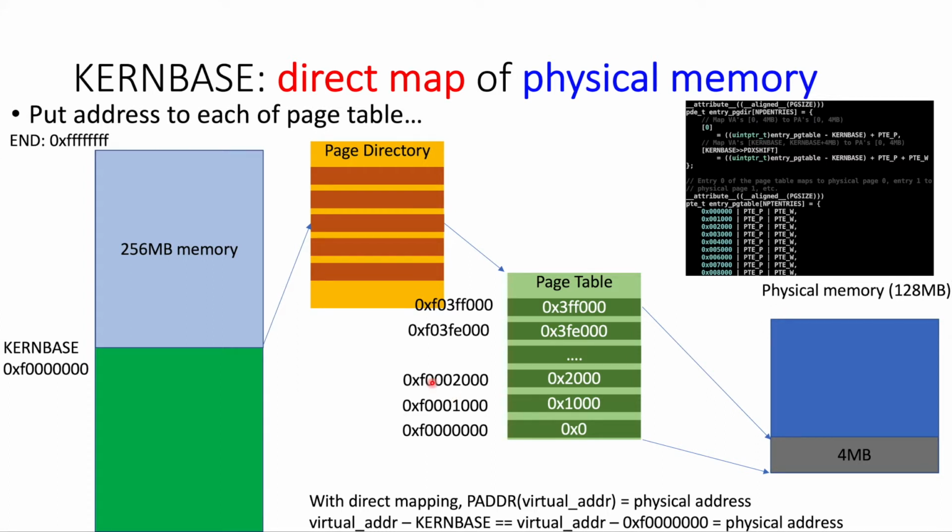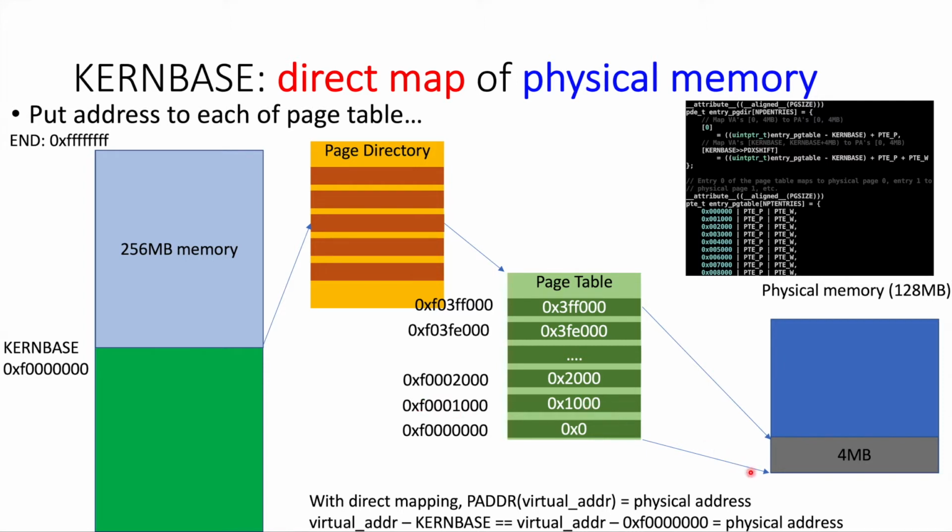Then it's quite simple. To access physical address 0, what you need to access is 0xF0000000. So the first digit is F and the rest are 0, because we mapped the virtual memory to physical memory directly like this. And for the next page, 1000, we just attach F at the top, and then we get the physical address.